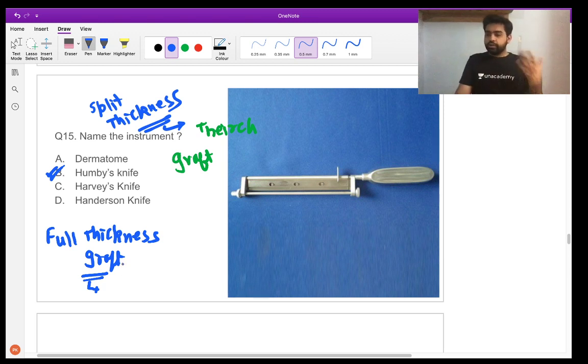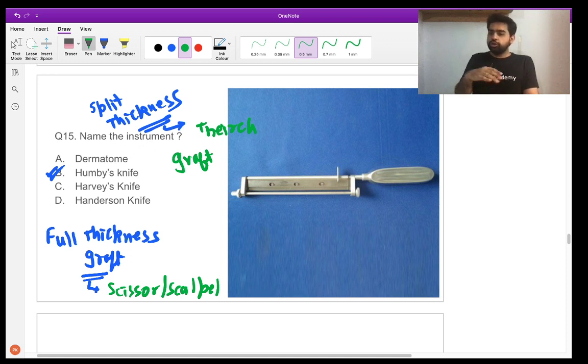But how do you take a full thickness or Wolfe graft? Not a very MCQ point, but just to remember, you take it with the help of a scissor or scalpel. No, not microtome. Dermatome is also used only for the split thickness graft.